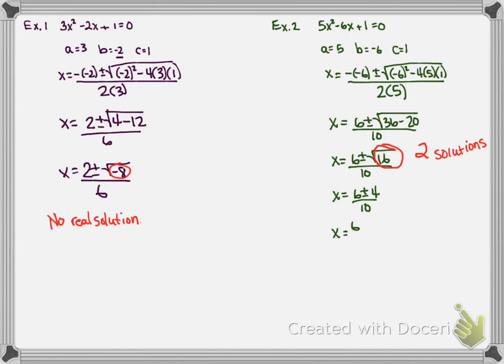The first one is when we have 6 plus 4 over 10, which is 10 over 10, or 1. We can also look at the solution which is 6 minus 4 over 10, which is 2 over 10, or 1/5. So our solution to this quadratic equation, we've got two real solutions, 1 or 1/5.